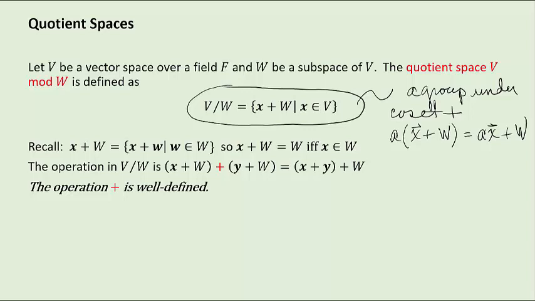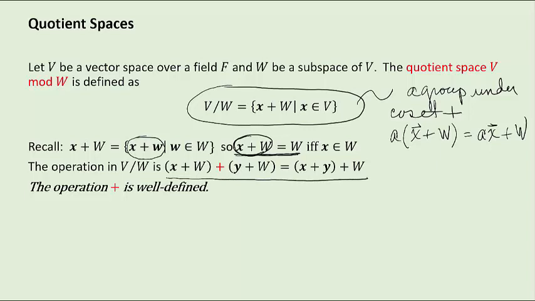Recall exactly what X plus W means. It's the coset containing X. In other words, it's the set of all X plus the w's in W. And therefore, X plus W is equal to W if and only if X is in W. The operation in V mod W is exactly the same as in group theory.